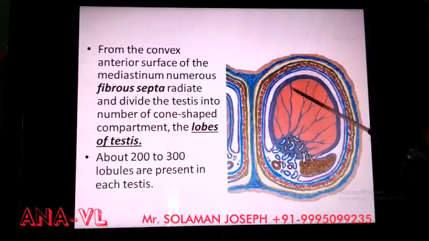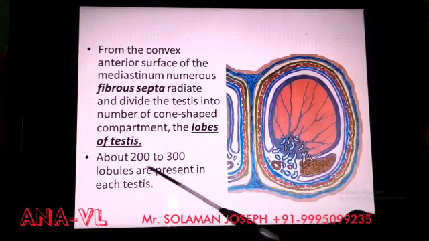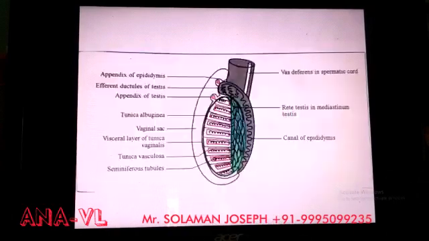Then they have numerous conical lobules, which are called the lobules of the testis. There are around 200 to 300 lobules in each testis.